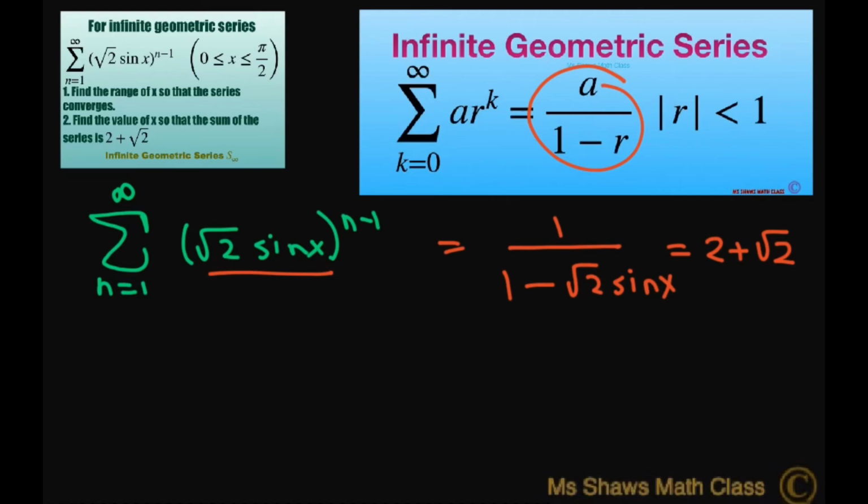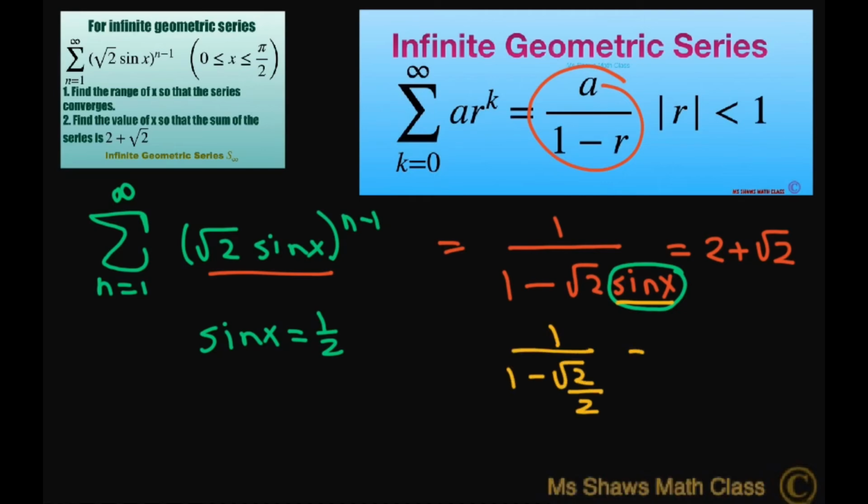Now, if you notice, if we let sine of x equal 1/2, we're going to get 1 divided by 1 minus square root of 2 divided by 2, which equals 1 divided by 2 minus square root of 2 divided by 2. That equals 2 divided by 2 minus square root of 2.